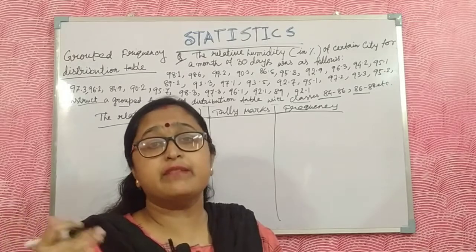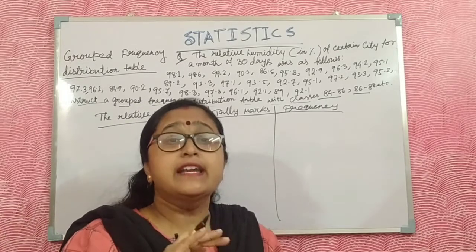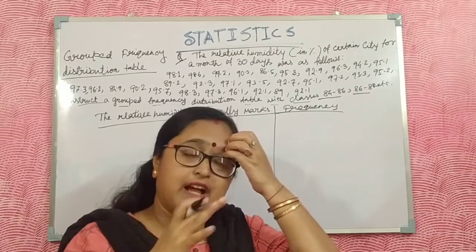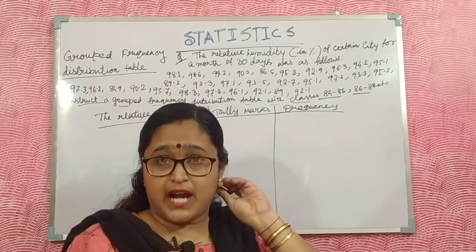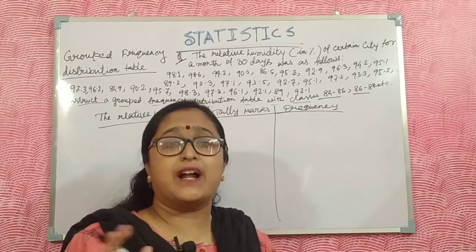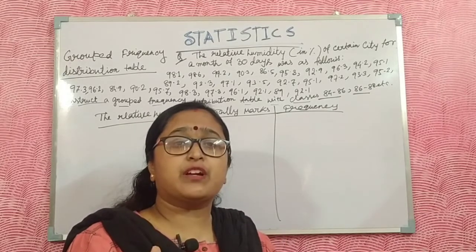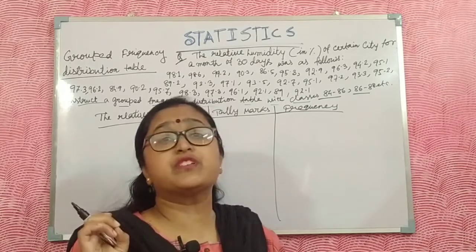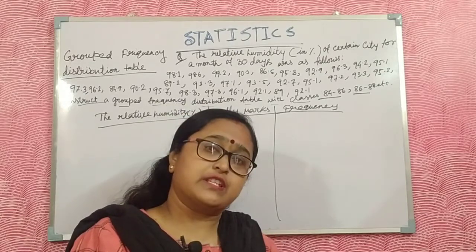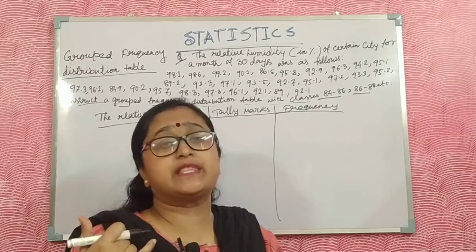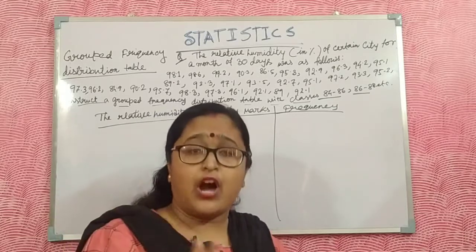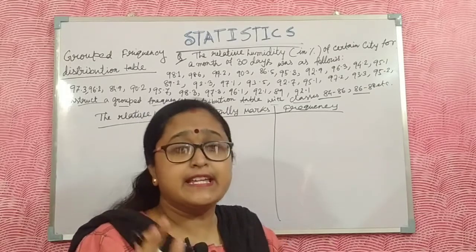In my previous video I already discussed this with mathematics marks: if 10 marks were got by 1 student, or 20 marks by 2 students, then the number of students who got a particular mark is called the frequency in ungrouped data.